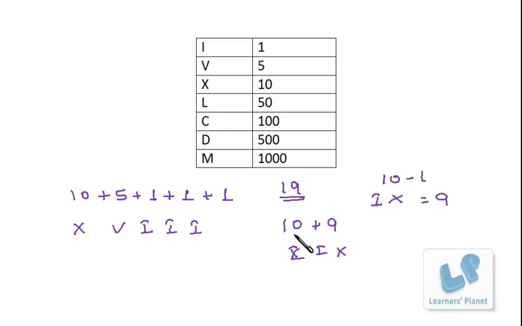That is 10 plus 10, 20, minus 1, 19. Since I is written on the left side of X, we will deduct the value of I from the value of X. So it's 19. Now how do we write 20? That is 10 plus 10, that is X and X. So it's XX, that is 20.